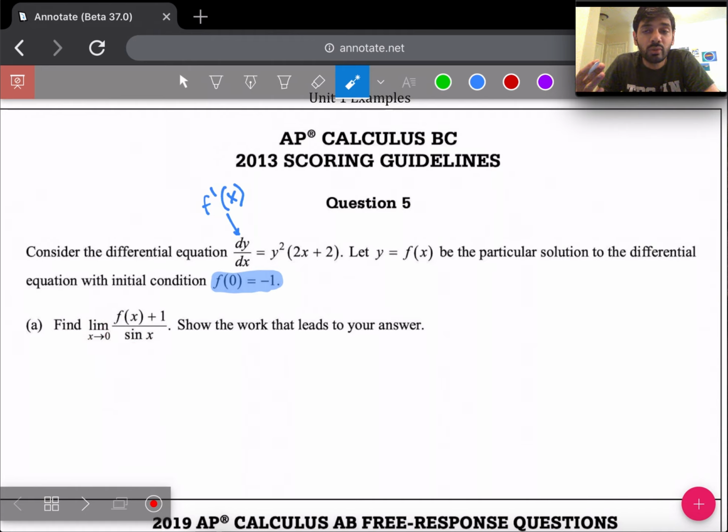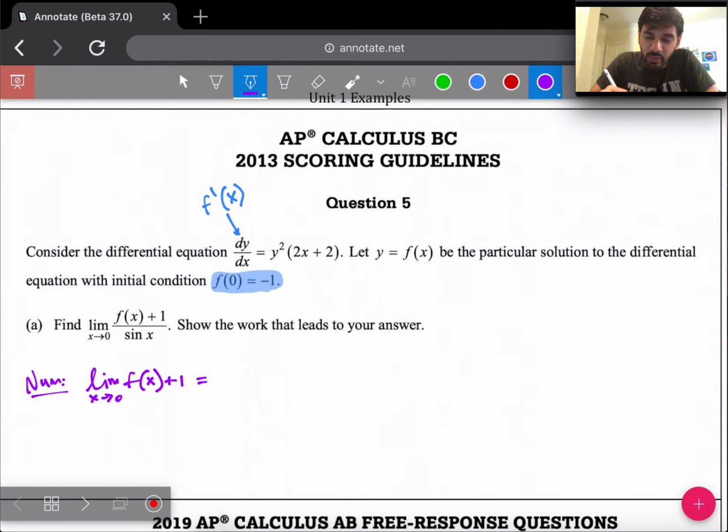But before I just do L'Hopital's rule, I have to show that I know why I'm using it. And the way they want you to write your work on the AP test, if it is a L'Hopital's problem, is you need to write your numerator and denominator separately at first. So over off to the side, I'm first going to write numerator, just to organize the work so you see what I'm doing. For the numerator, I have to show that the limit of just f of x plus 1 is equal to 0.